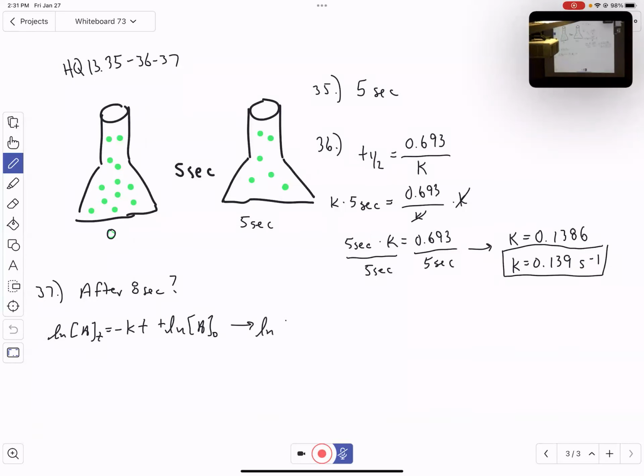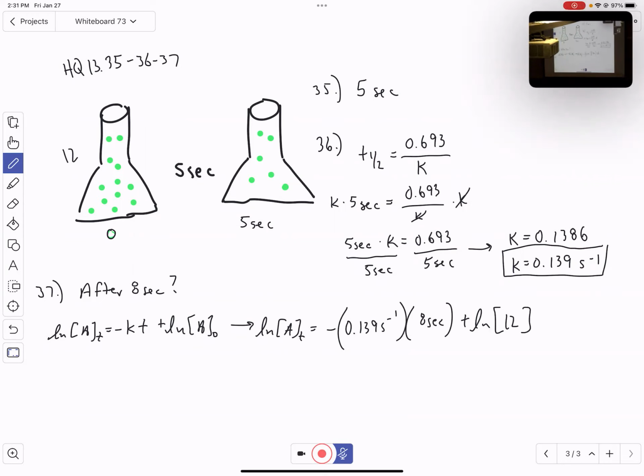So the natural log of concentration at time t equals negative 0.139 inverse seconds, at 8 seconds into the reaction, plus the natural log of my initial concentration. Initially we had 12 molecules in that flask, and just to make life easy, we can say it's a 1 liter flask, so the initial concentration is 12 molar.